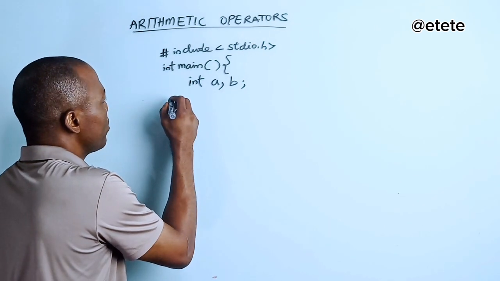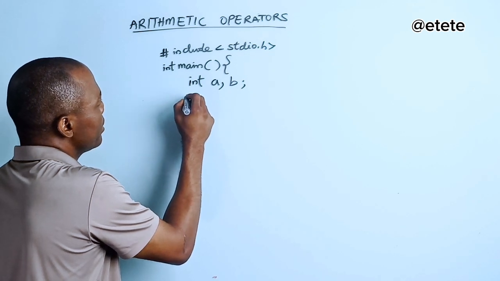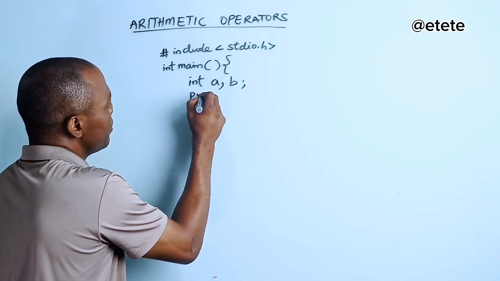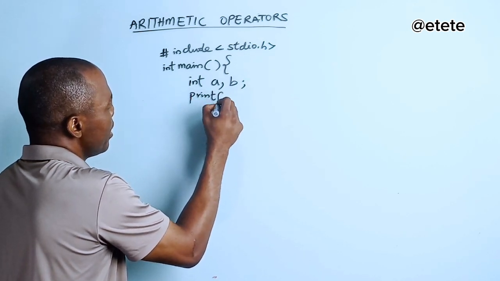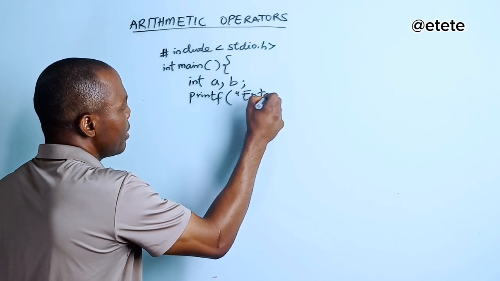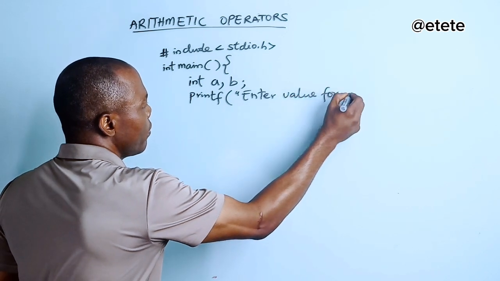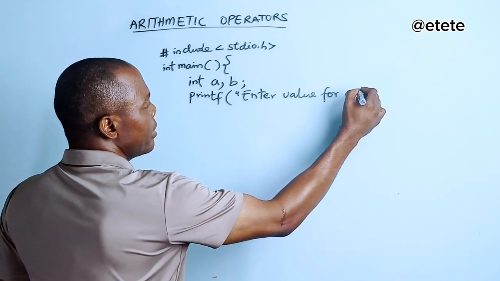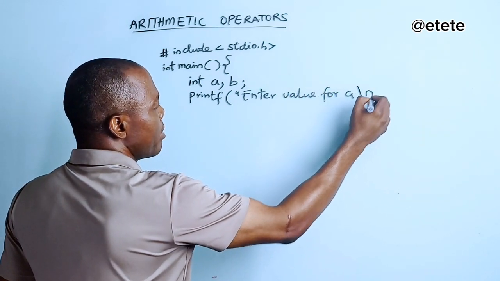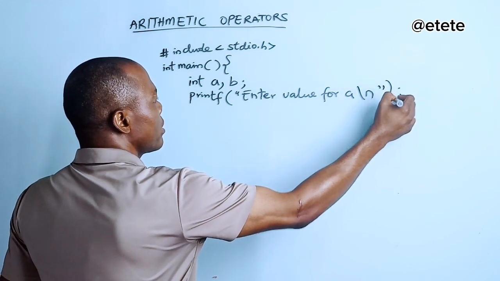So the first thing here I will say printf, enter value for a, then I'll bring in my escape sequence and then close this.